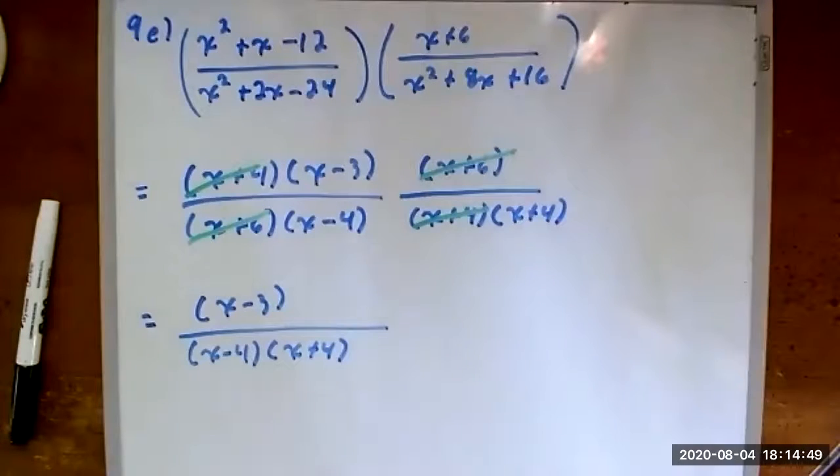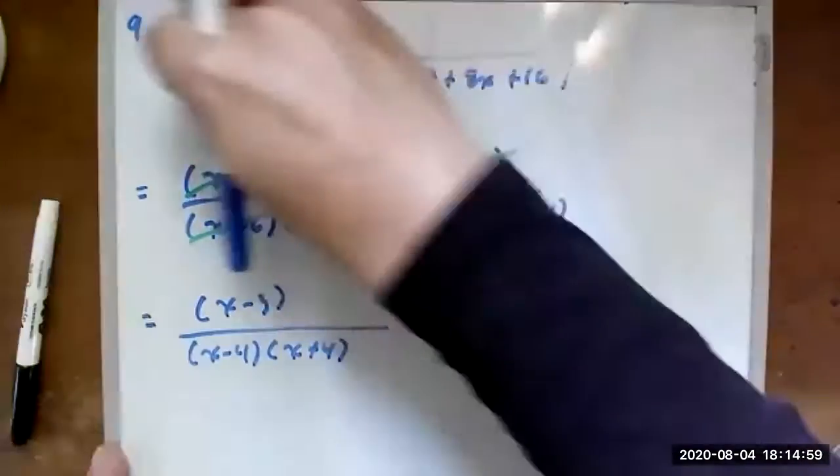I have time to squeeze in one more, so I'm going to squeeze in 9f, which is another addition one. So again, we're going to be trying to make common denominators. Give everybody just a quick chance to finish here if they need to. Okay.